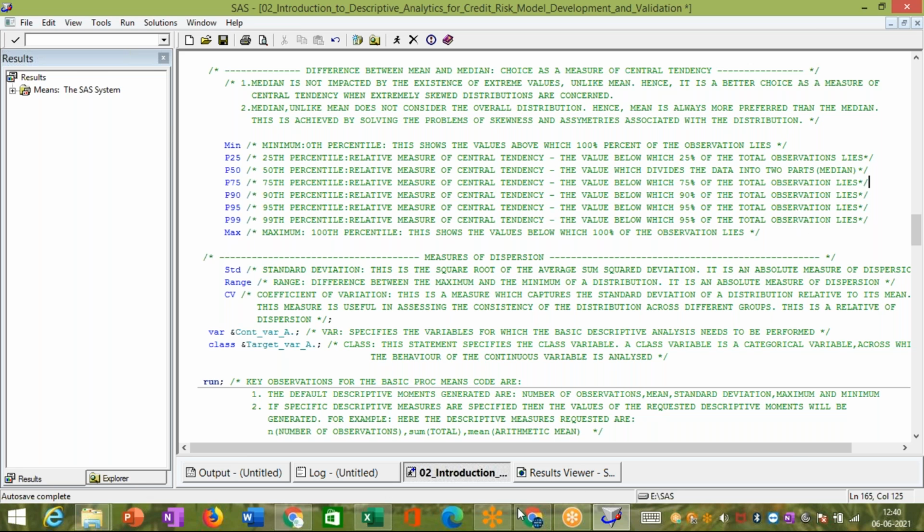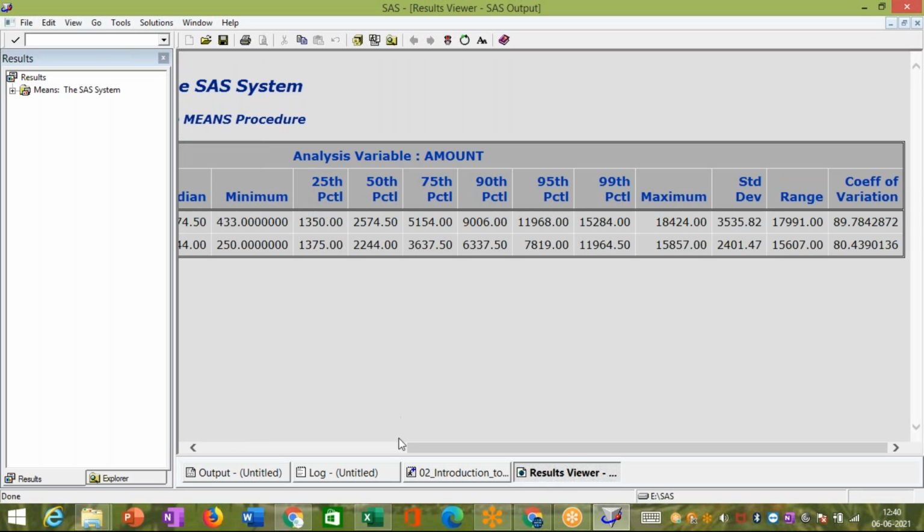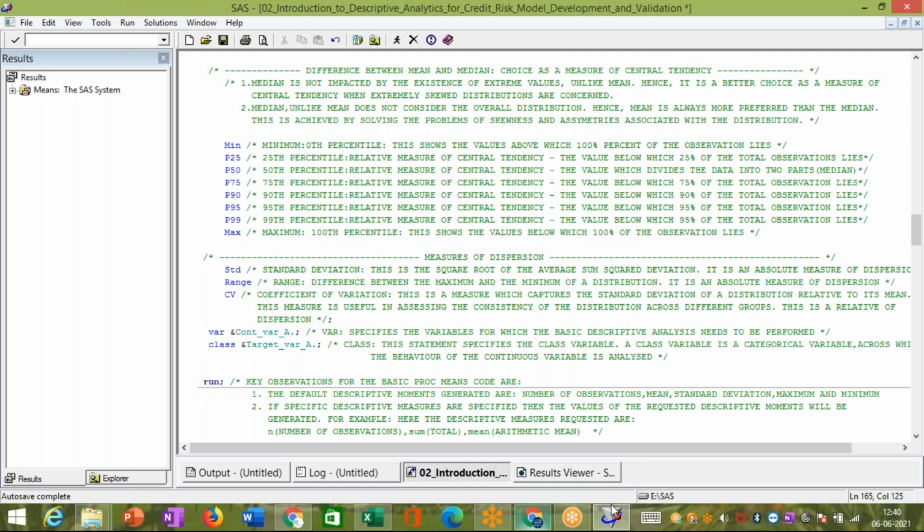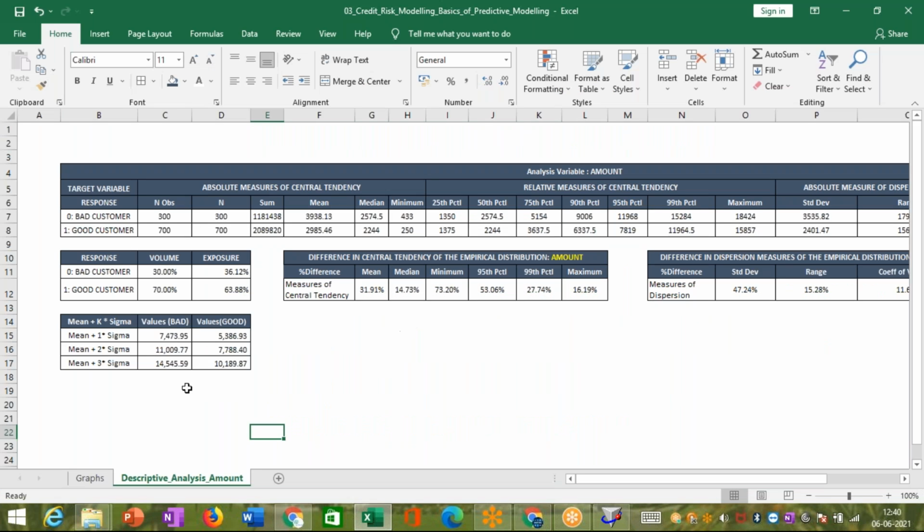The standard percentiles can be generated. For that, we need to do the univariate exercise. Okay. So over here, you can see that this 7473 will lie somewhere between the 75th and 90th percentile.